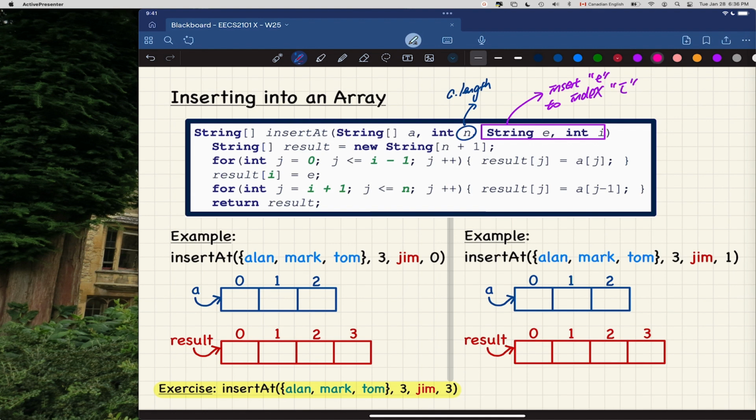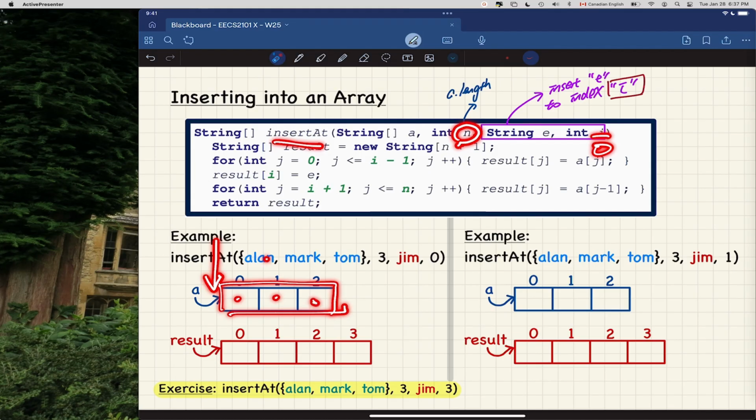So this one tells me that I want to insert element E at index I. And we are making the following assumption. Let's say you have an array over here. If I pass 0, that means I want to insert right at the beginning. On the other hand, I can also give the value n. Let's say, for example, I have 1, 2, and 3. I say I want to insert at index 3: 0, 1, 2, 3. I want to insert it as the last. Right?